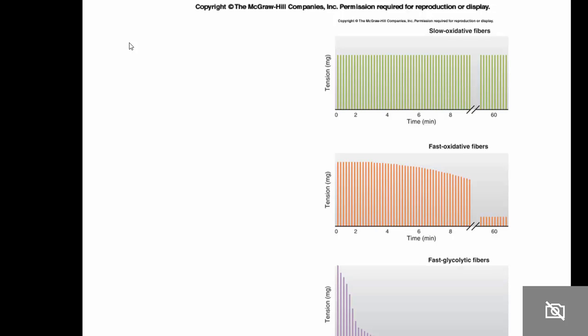By about 2.5 minutes in here, you're at where you'd be at 60 minutes here, and you don't see anything here. So these muscle fibers are the ones that produce a lot of force, but they just can't do it for very long. Okay? Now, those names are important. Slow oxidative, fast oxidative, and fast glycolytic. Where do we get that from?